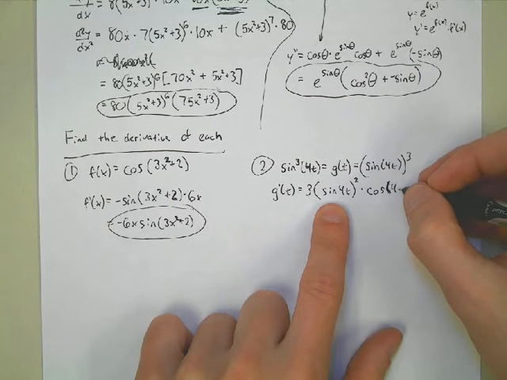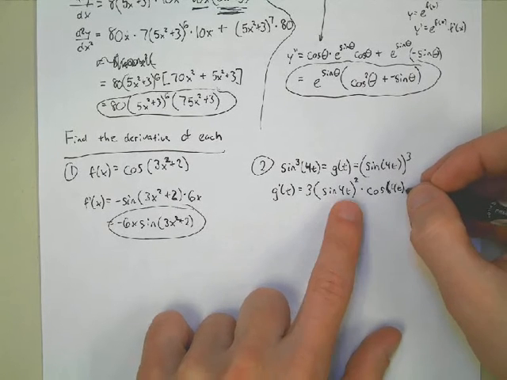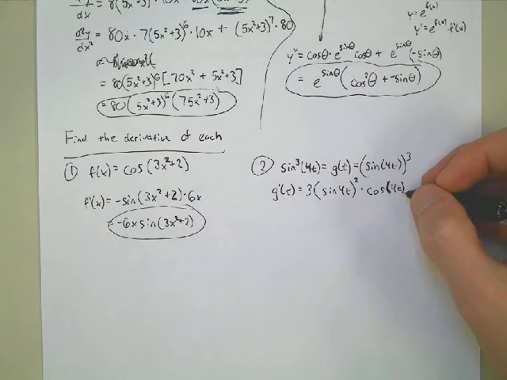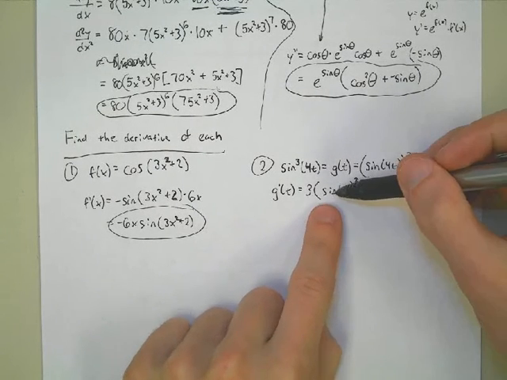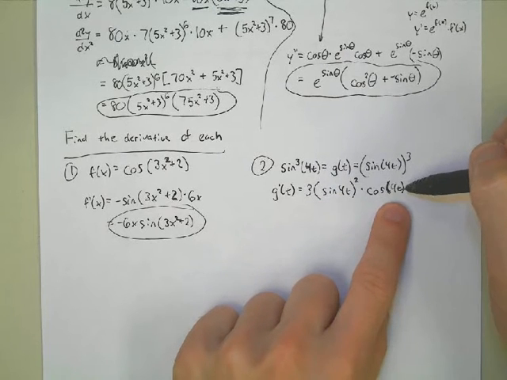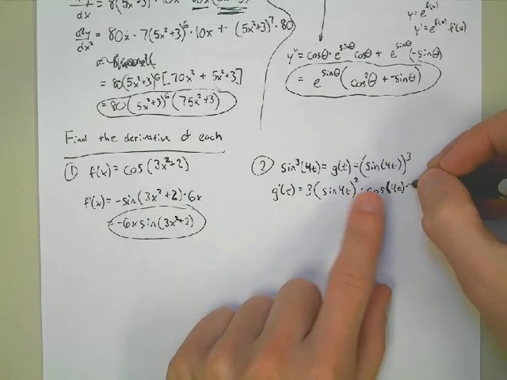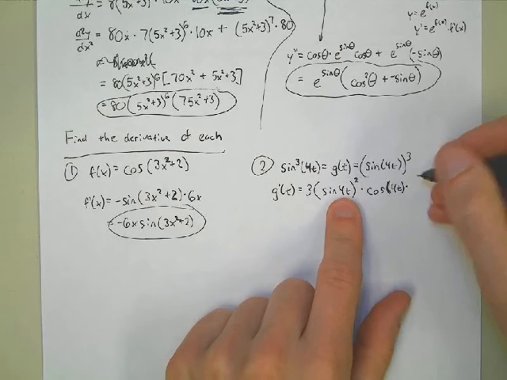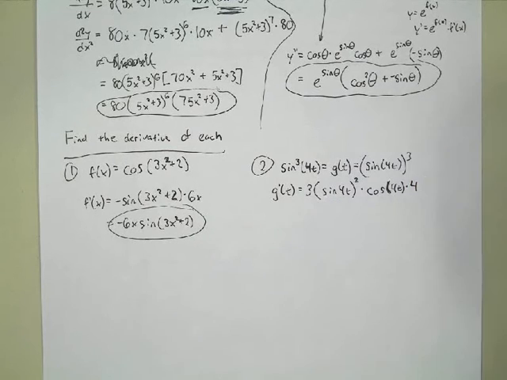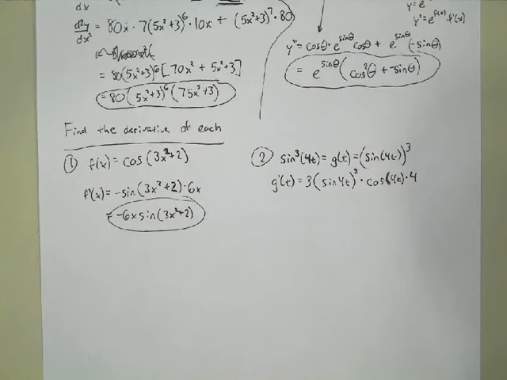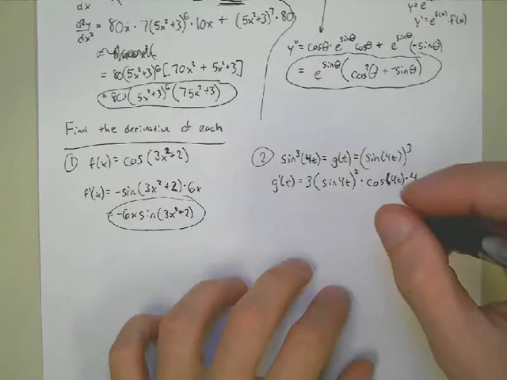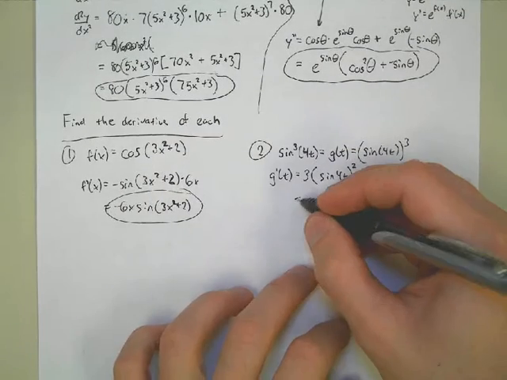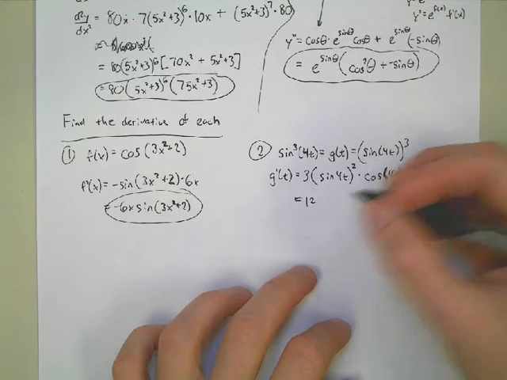So we did the derivative of something cubed. Now we take the derivative of sine of something, that's cosine of that something. Then finally times the derivative of what's inside that, the derivative of 4t, 4. Okay? This is pretty complex with the layers, all right? But it leaves us with 12 sine squared 4t cosine 4t.